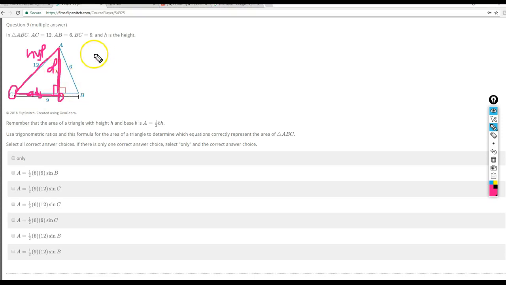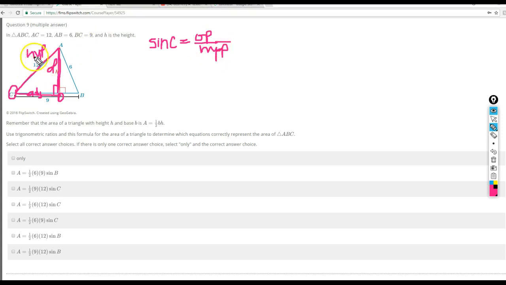So if I wanted to list out the options, we would have sine of our reference angle, which is C, would equal the ratio of our opposite side length to our hypotenuse side length.